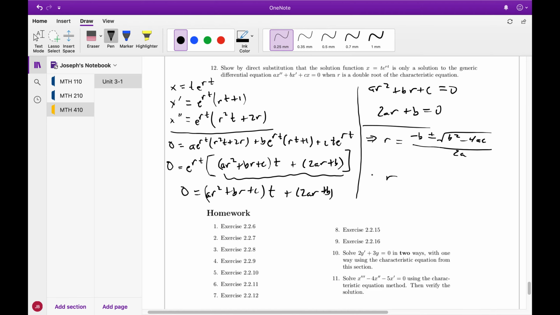But the second equation here tells us that r is equal to minus b over 2a, which if you look here, tells us that b squared minus 4ac has to be 0, right? You have to have a discriminant of 0. If these two things are going to be true, then it follows that b squared minus 4ac equals 0. And that only occurs when r is a double root, right?